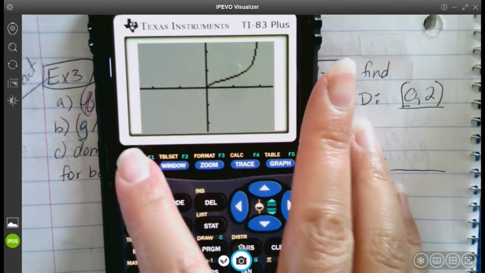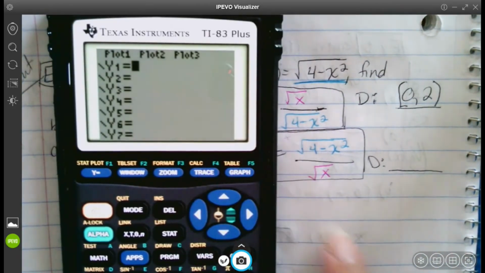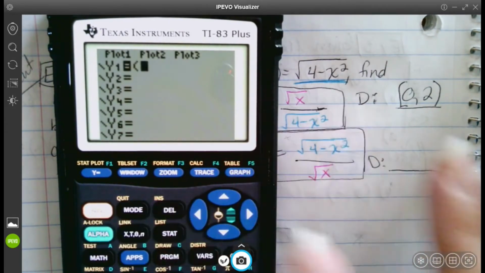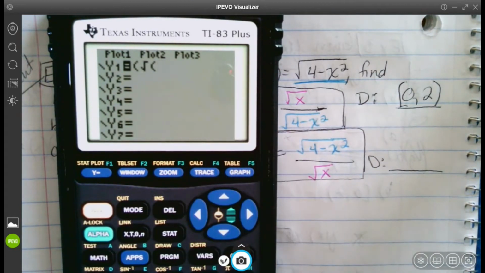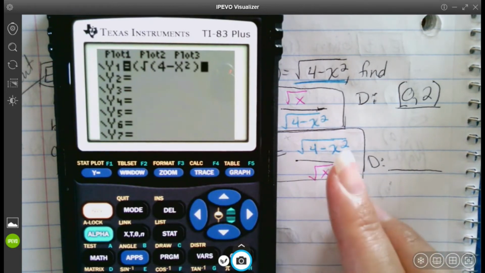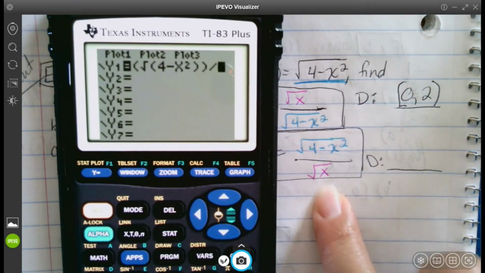Okay, let's go back to our y equals. I'm going to clear this one. I'm going to do the second one now, so I'm going to switch it. Again, we have our parentheses for the numerator, square root of 4 minus x squared, close the square root, close the numerator, divided by square root of x.